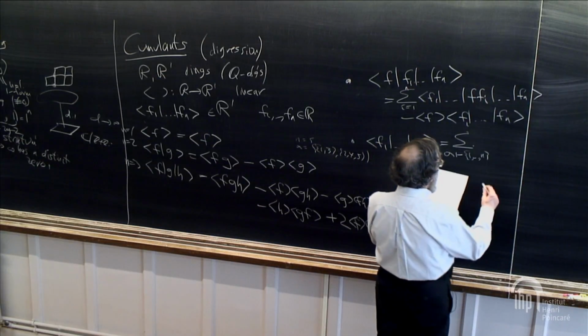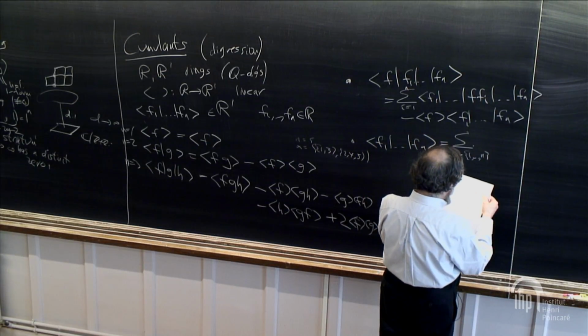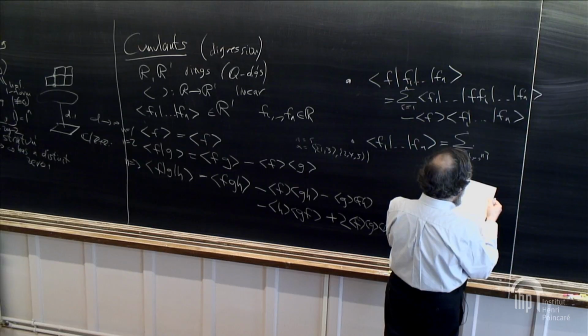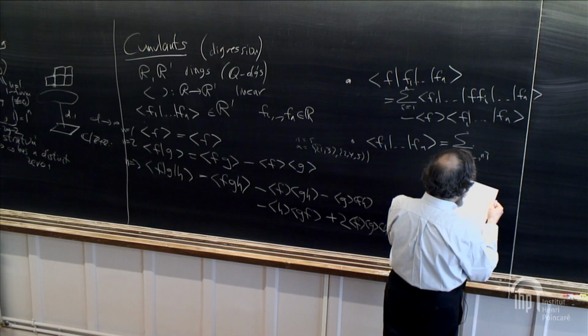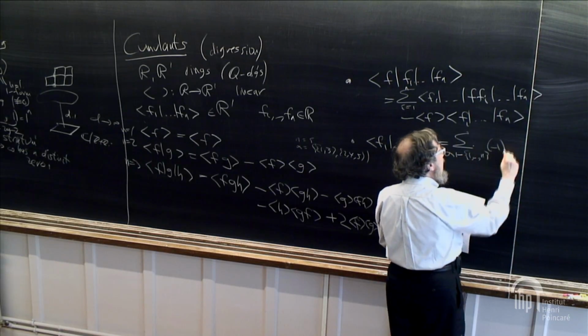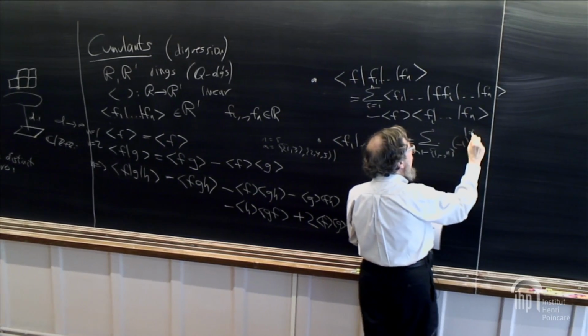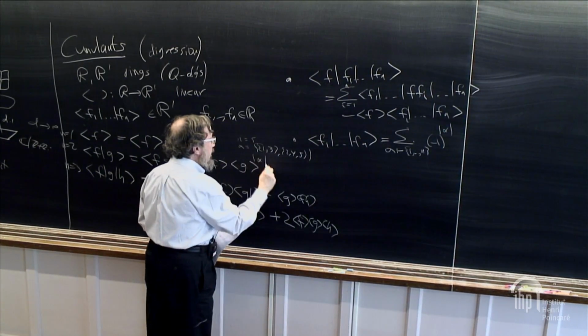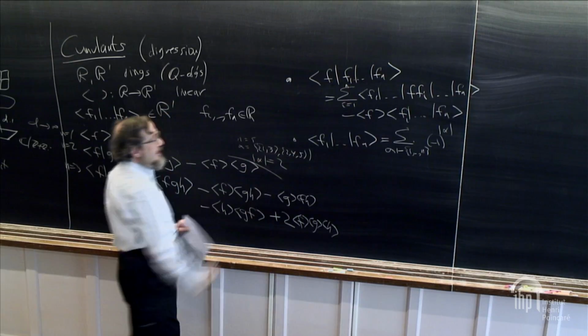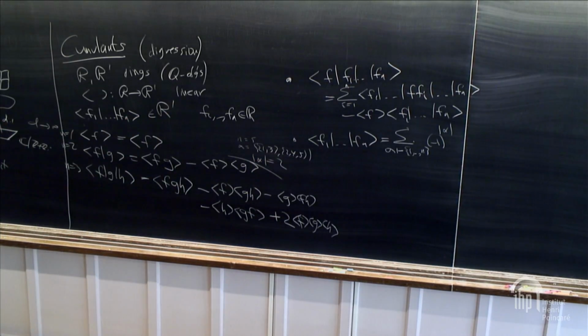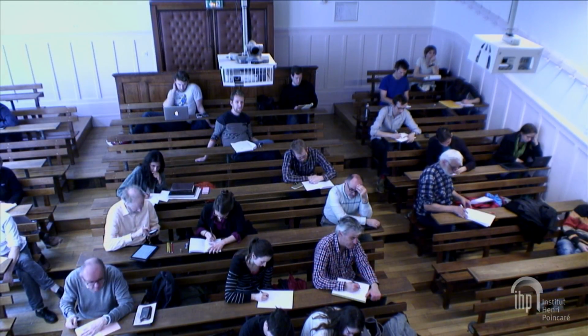Now if you have such a thing, then the formula is, if I could read my notes, it would be even better than if I couldn't read them. It's minus 1 to the size of alpha. Here the size of this alpha would be 2, because alpha is a set consisting of 2 elements, each of which happens to itself be a subset of n.